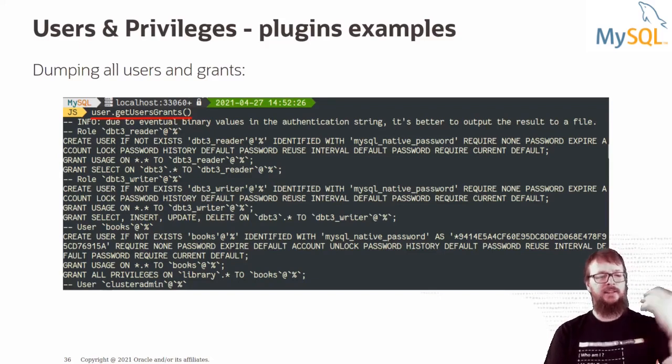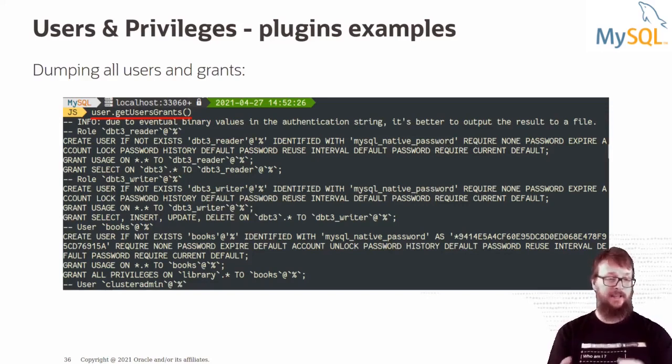As you can see, this will give you the creation of the user and the grants of every user you have in the server. You can then just copy paste them, put them in a file, do whatever you want. You can get them all, or just some. The method also allows you to do some searches with wildcards and stuff like that. So this is very, very cool to do.